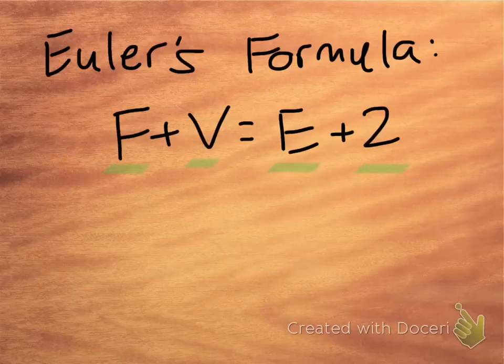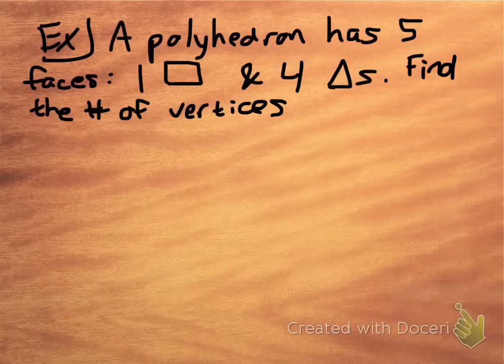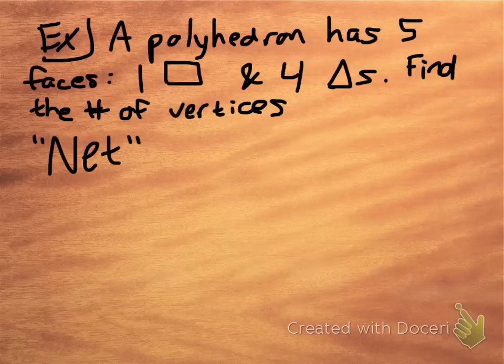Okay, so I can ask you a couple questions on this. I could say, for example, that a polyhedron has 5 faces, 1 rectangle, and 4 triangles. Find the number of vertices. Well, you can struggle with this as much as you want to try to draw it in 3 dimensions. So there's another strategy, and that would be to draw what's called the net. What that means is if you were to unfold the shape, or the polyhedron, it would look something like this.